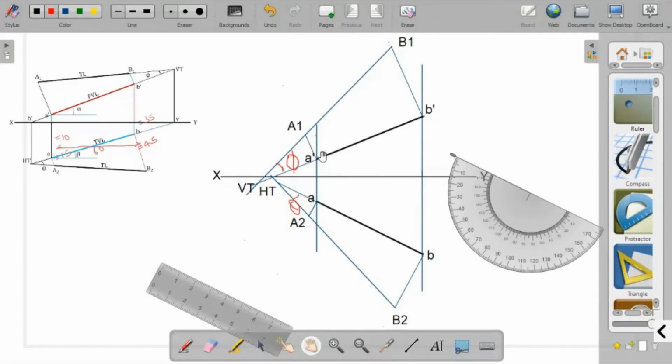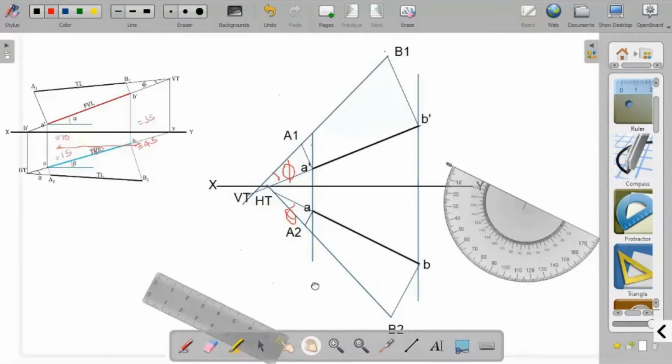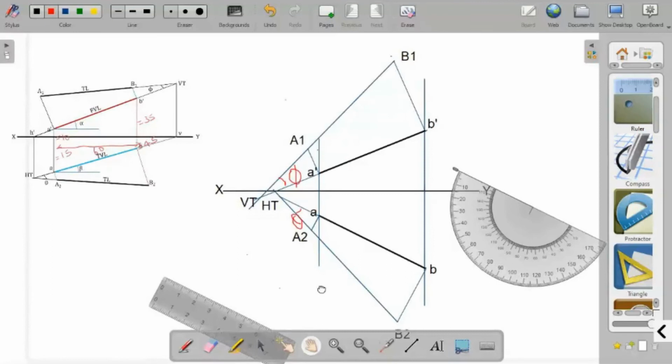Then from A dash as well as B dash drop two perpendicular lines, and on these lines the distances of A and B, that is the top view of A and B from XY line is marked on these perpendicular lines, and those 2 points we obtained. The points that we obtained thus are the points A1 and B1. So the distance A1 B1 will give you the true length.